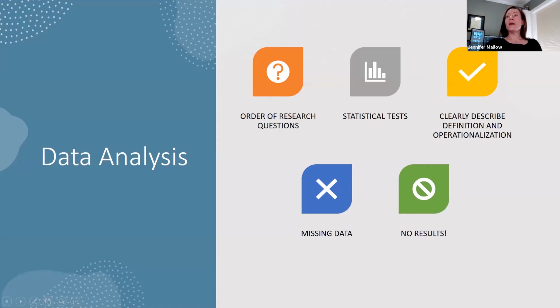So match the part on the data analysis with the research questions. So if you present a primary research question in your introduction and one or more secondary research questions, start by explaining the primary analysis followed by the secondary analysis.